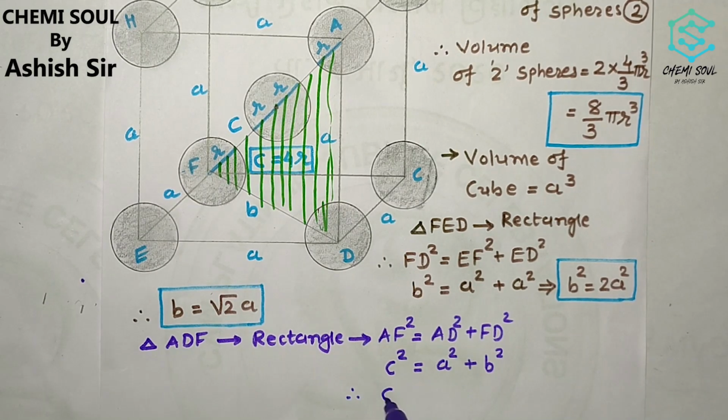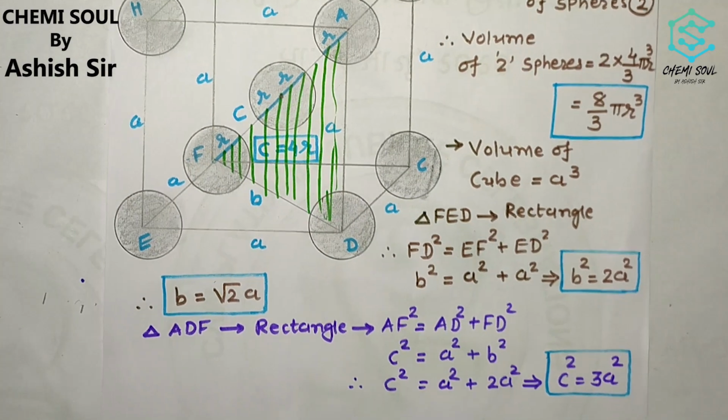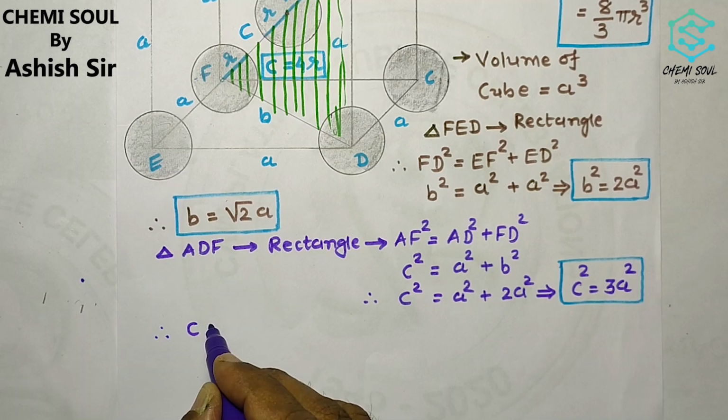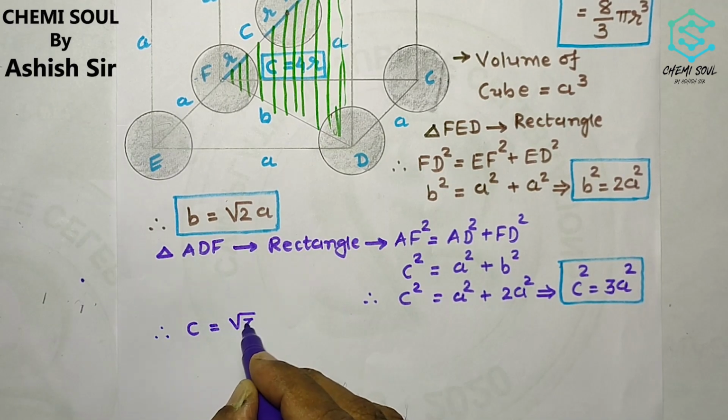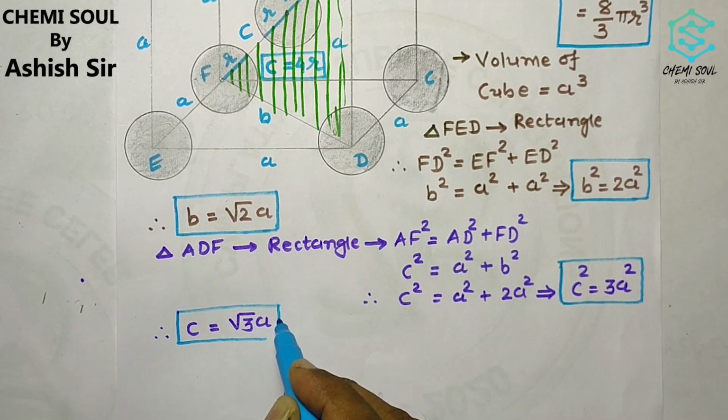But we know that b square is equal to 2a square, so a square plus 2a square gives c square equal to 3a square. From this value, we derive the value of c: c is equal to root 3 a. So we have found the third value, c.